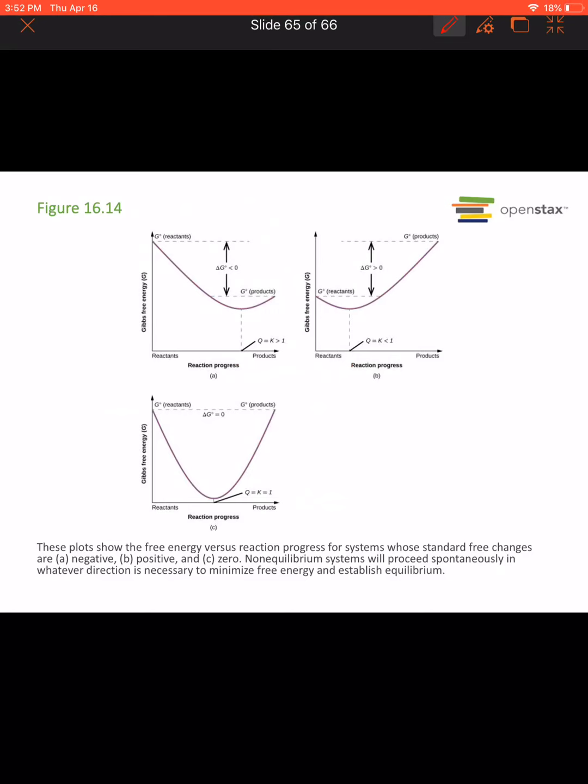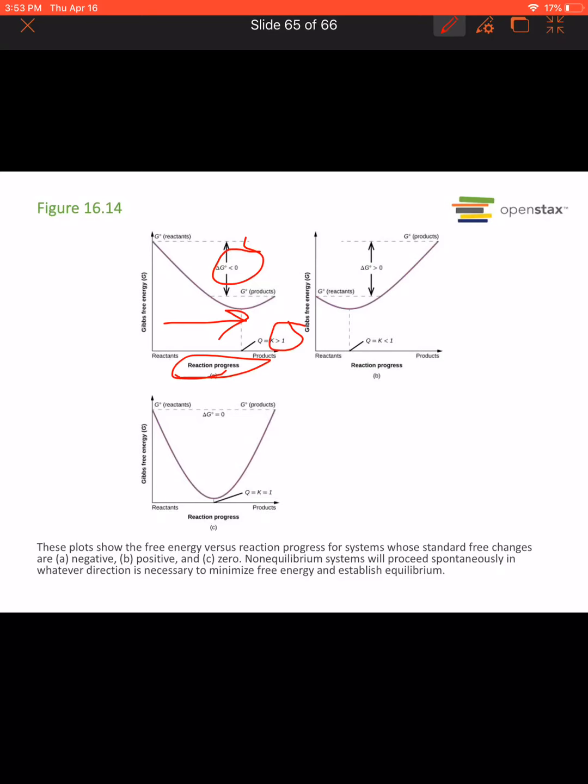All right, so in plot 1, we have a plot that's in favor of product. We know it's in favor of product because you have a negative delta G and K is greater than 1. So this reaction progress is moving towards the products.